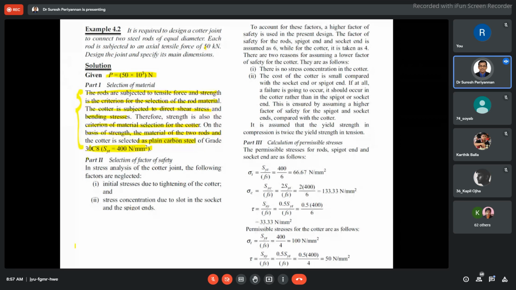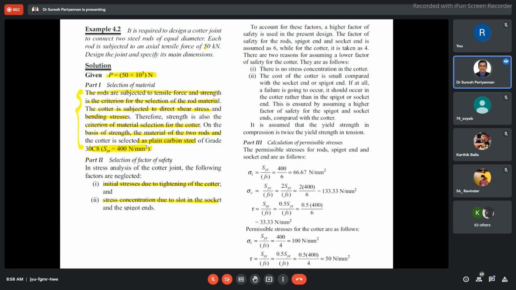Selection of material is important. Now come to the selection of factor of safety. In this design concept, we are not considering the initial stress due to tightening. This is neglected, and the stress concentration in the socket and spigot ends is also neglected.